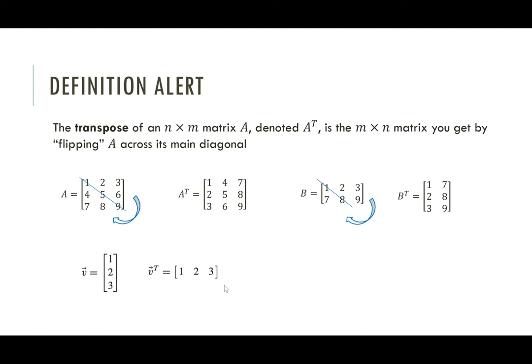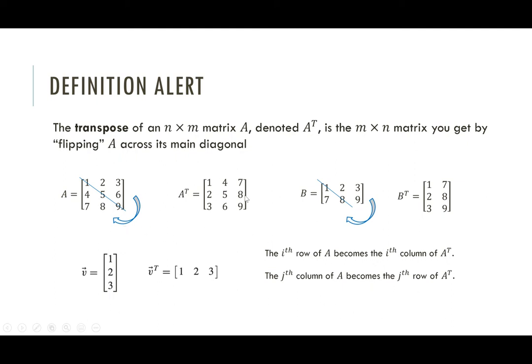I like thinking about it as flipping across the main diagonal, but there are more technical ways to talk about this. One is that the ith row of A becomes the ith column of A transpose. So here the third row of A, 7, 8, 9, becomes the third column of A transpose. Similarly, the first row of B, 1, 2, 3, becomes the first column of B transpose. You could also say that the jth column of A becomes the jth row.